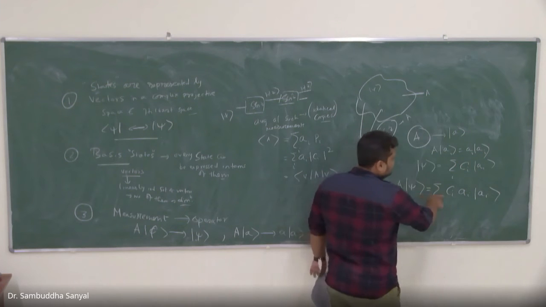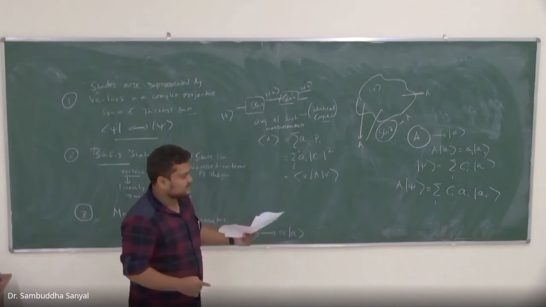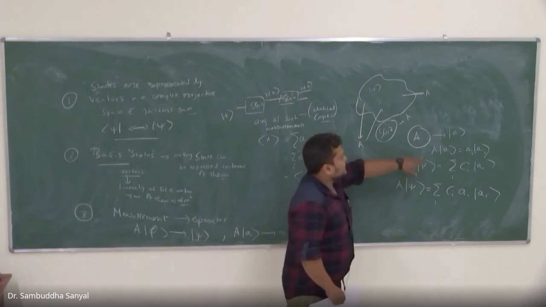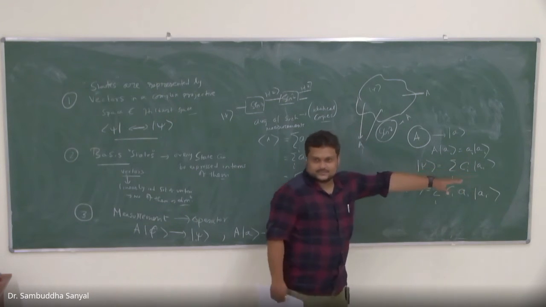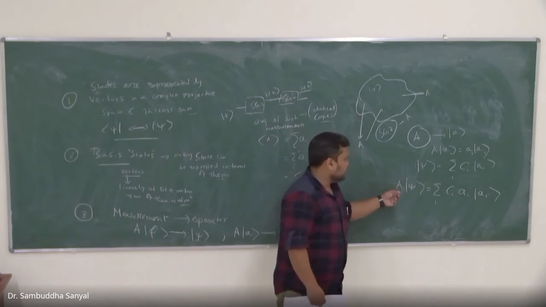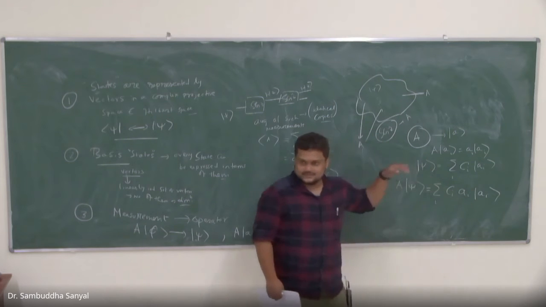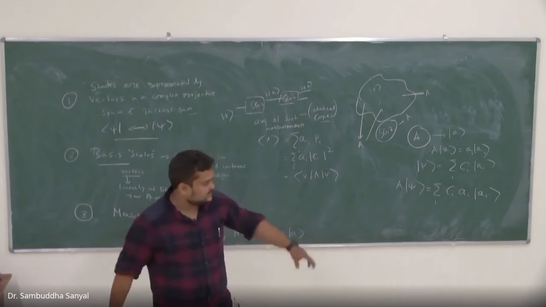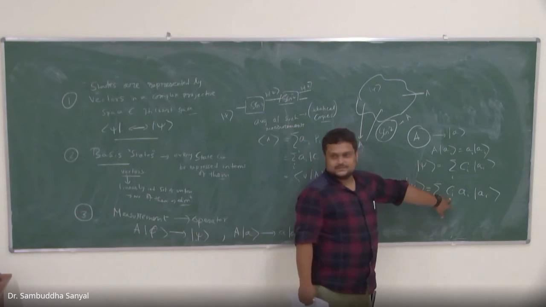So this fact is represented in the context of quantum mechanics by saying that if I take any state, which is a superposition of basis states of an operator, and I perform a measurement, it will collapse or jump into that particular eigenstate ai with probability amplitude Ci.